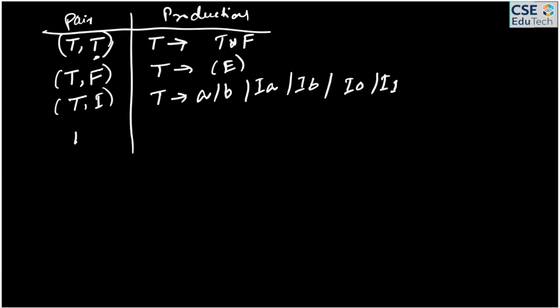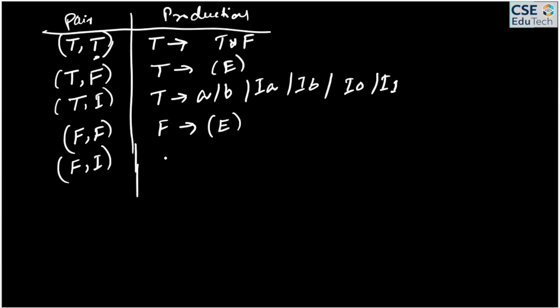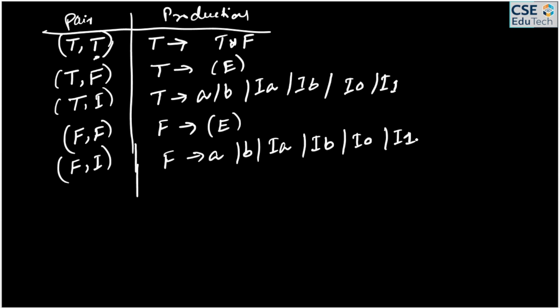Now there is a unit pair F comma F. So is there any non-unit production from F? Yes, F to bracket of E is a non-unit production. Then F comma I, so F to A, B, IA, IB, I0, I1 are the non-unit productions.